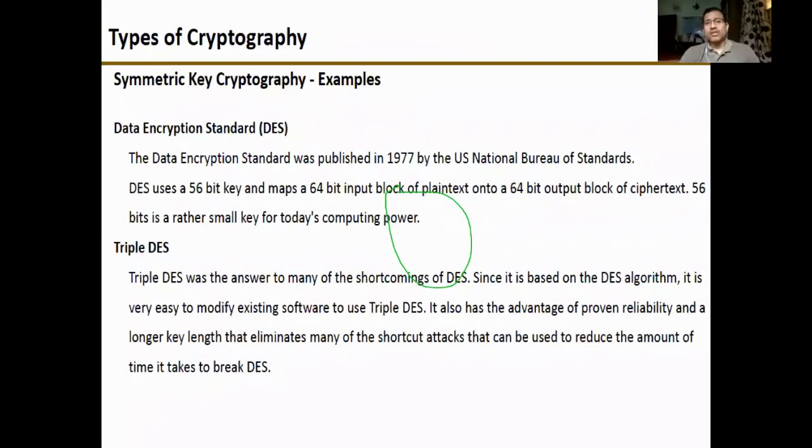The modification of DES was triple DES. In triple DES, instead of a single key, as was used in DES, the algorithm uses 3 keys. I will not explain it in detail; in the subsequent lecture courses given by your faculty, you will get to know what this is.